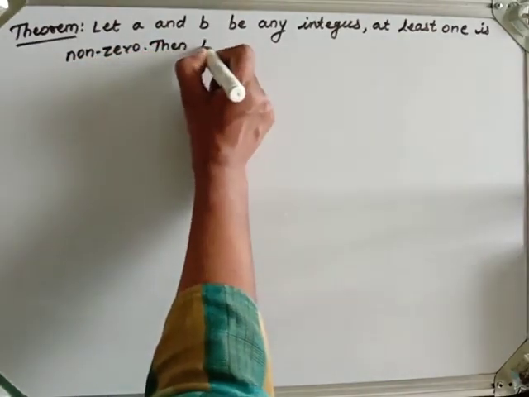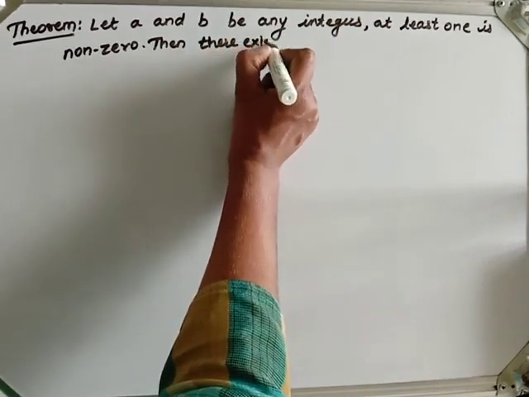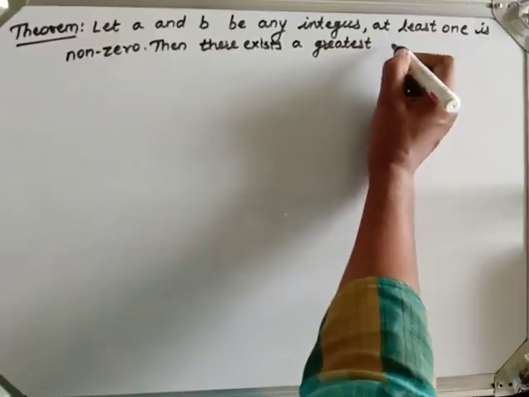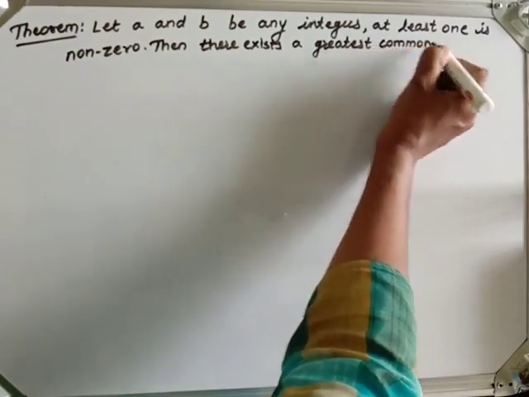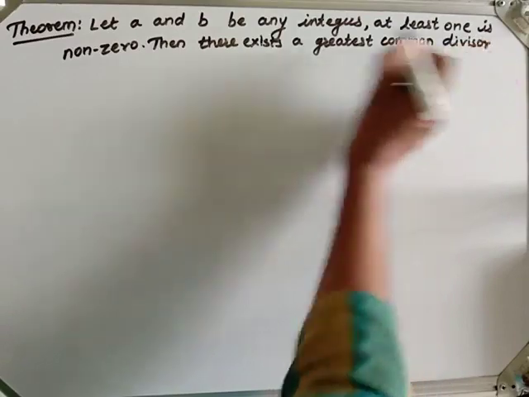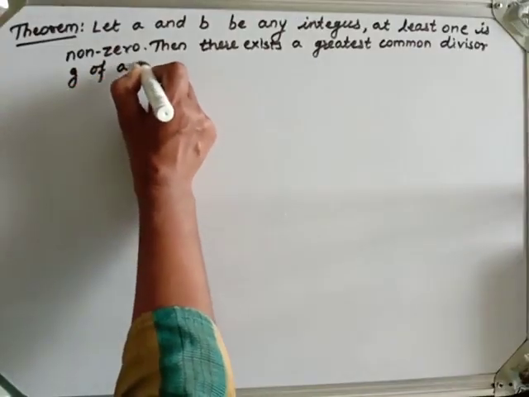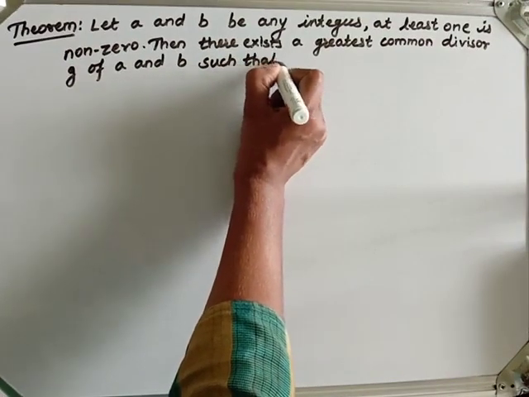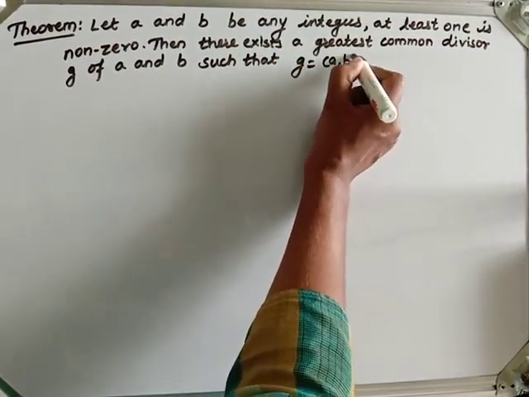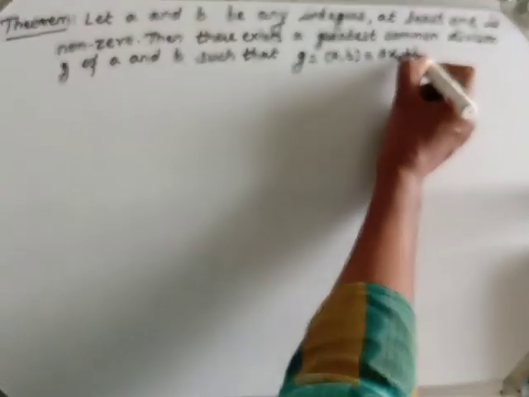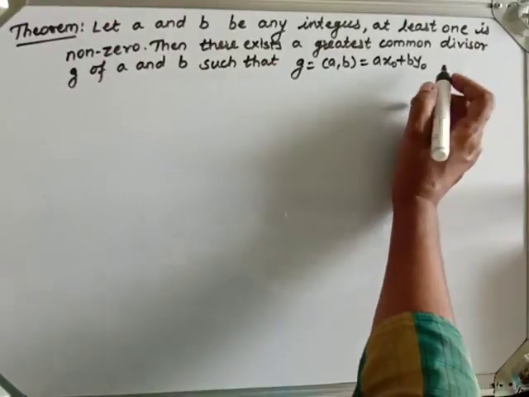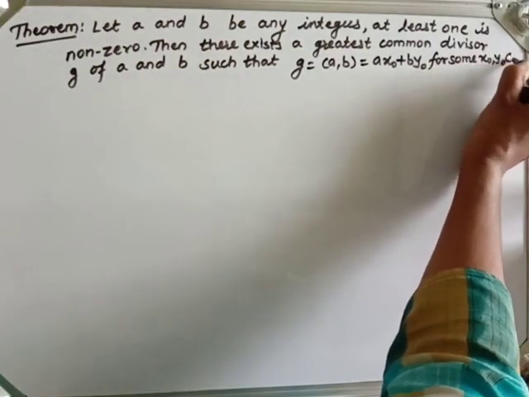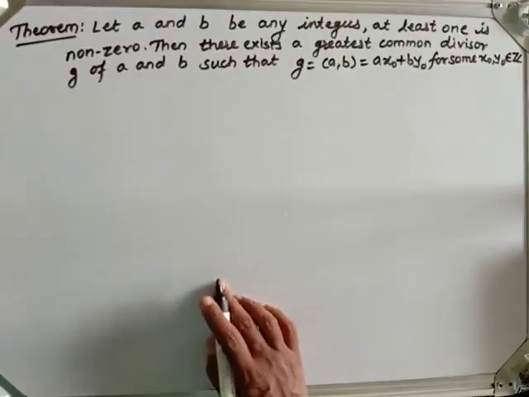Then there exists a greatest common divisor G of A and B, and it can be written as G equals A x0 plus B y0, which is a linear combination, for some x0, y0 belonging to the set of integers.